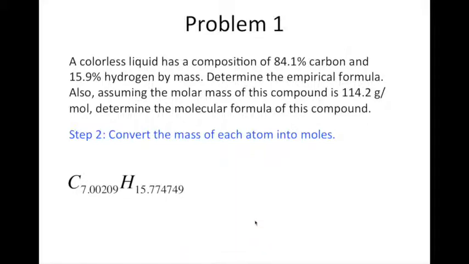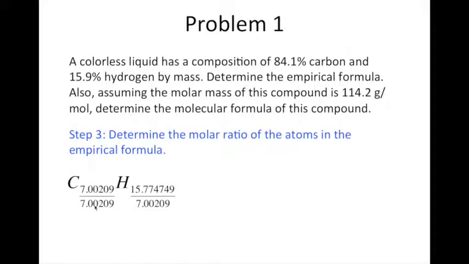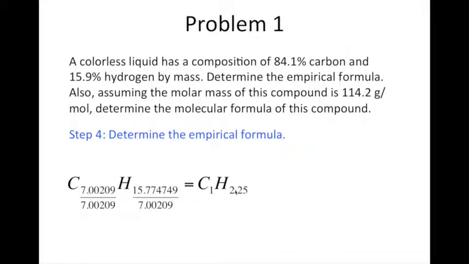So our compound is composed of carbon and hydrogen, but we need to figure out the simplest whole number ratio in order to get our empirical formula. So we're going to divide both of these moles by the smallest number, which would be the 7.00209.